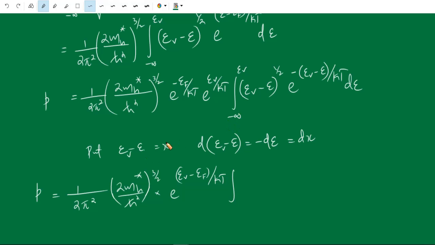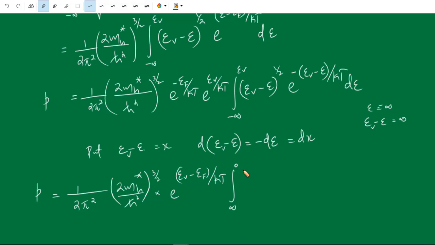Okay, so here, when E is equal to minus infinity, Ev minus E will become plus infinity, because minus is there. And if Ev minus E is equal to Ev, then E is equal to 0.